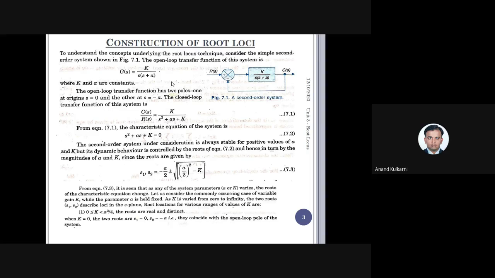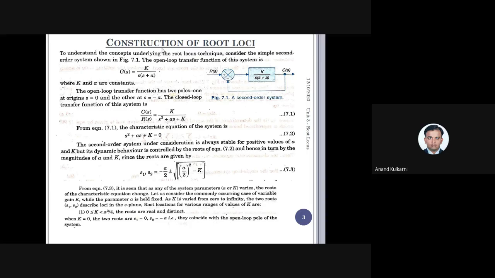The pole is one which makes the transfer function infinity, and zero is one at which the system transfer function becomes 0. So the poles are always in the denominator, because if the denominator becomes 0, the whole transfer function will become infinity, and zeros are always in the numerator, because if those become 0, then the transfer function becomes 0.